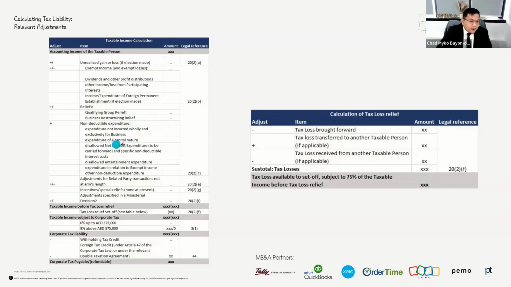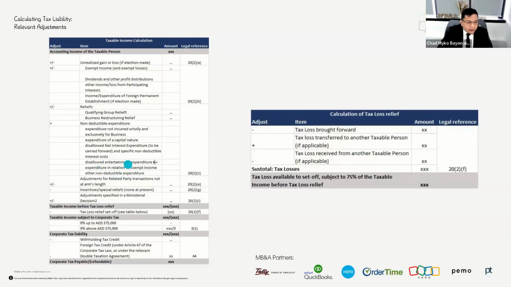And then expenditures of capital in nature. Again, expenditures that are related to capital will be adjusted. And then the portion of disallowed net interest expenditures to be carried forward for the next period. And then specific non-deductible interest expenses as well that will be adjusted.